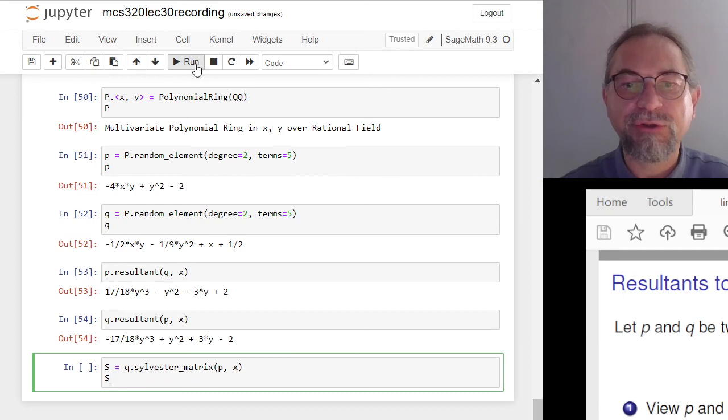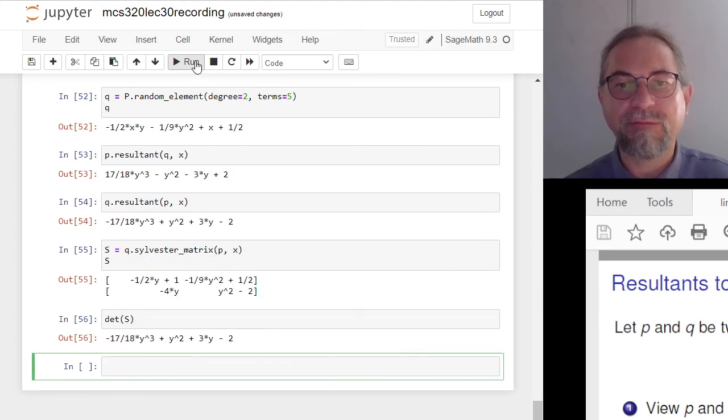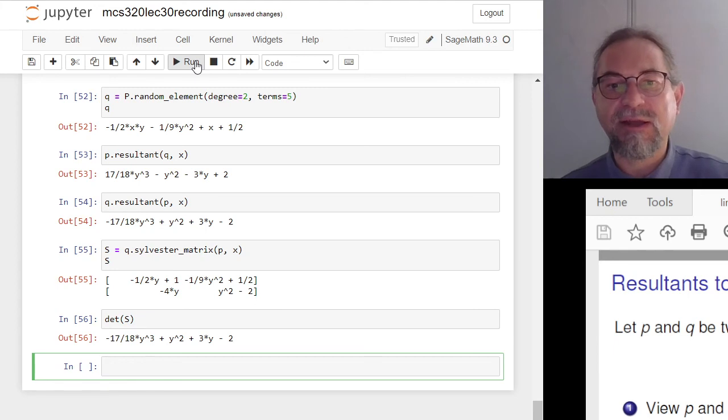So the determinant of the Sylvester matrix will be the polynomial that I just computed. Let me make the point: the determinant of S is that polynomial of degree 3.